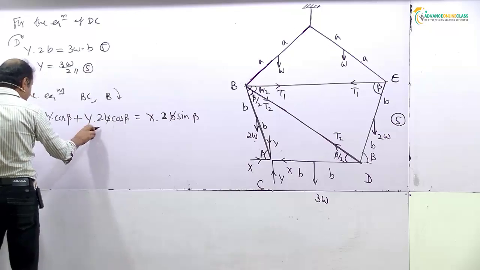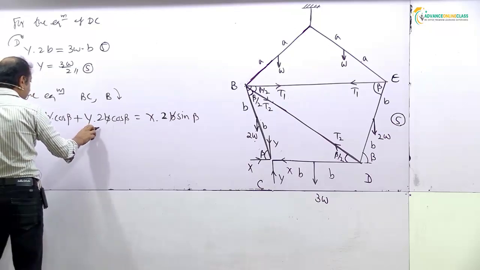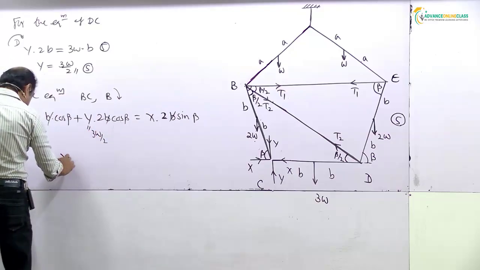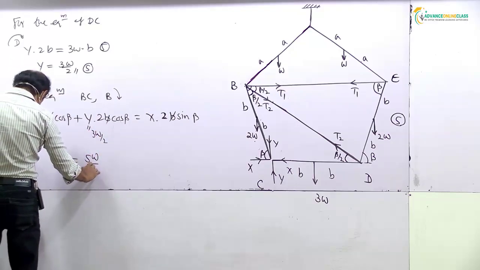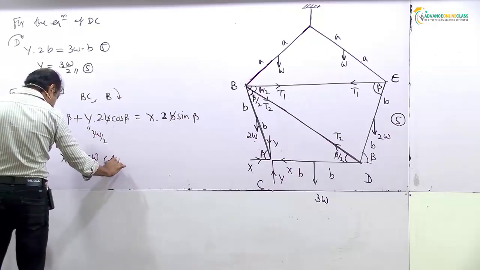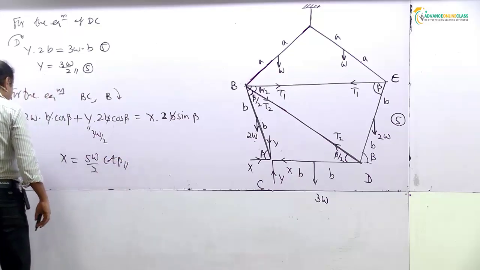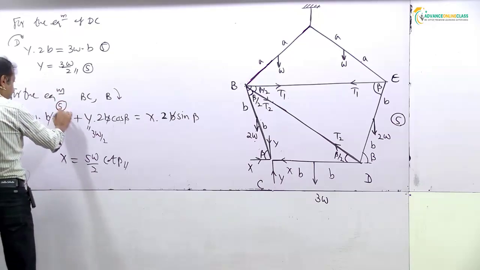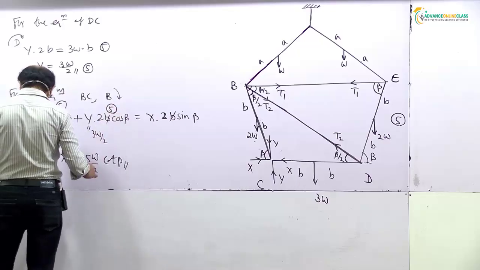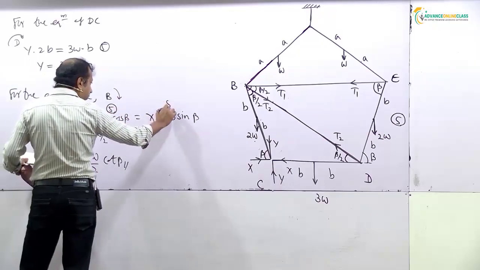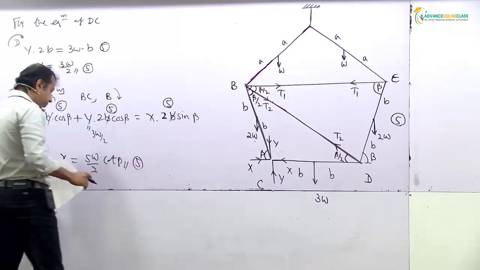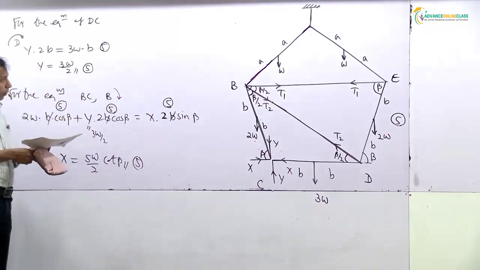Substitute for Y, 3W by 2, then we get the answer X equals 5W by 2 cot beta. In this moment equation, you get marks like this: 5 marks for this, 5 marks for this, 5 marks for this, and final answer 5 marks.